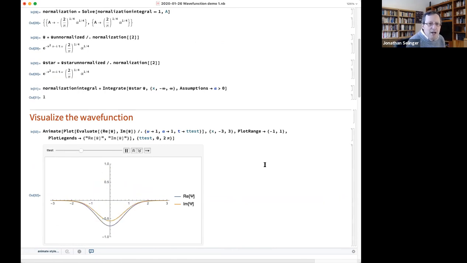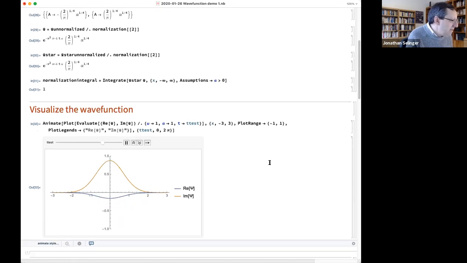If I want to make a plot of it, I better plot the real part and the imaginary part, okay? So that's the blue curve is the real part, and the orange curve is the imaginary part. Okay? So I'm plotting both of these things as functions of x at different times. Okay, so I'm making an animation that shows how these things depend on time.